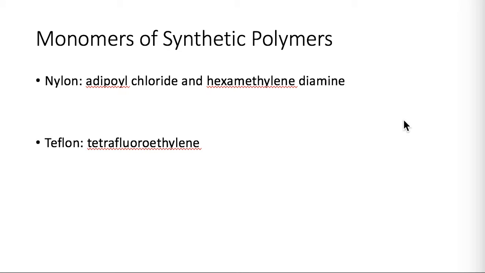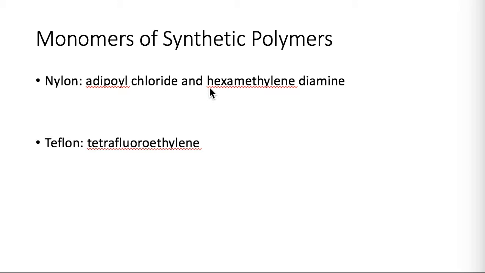We talked about polyethylene, which will be a synthetic polymer, and you should know by now what the monomer is for polyethylene. Then you have nylon, which is right here, and these two will be the monomers. Of course, nylon is synthetic, it's man-made.